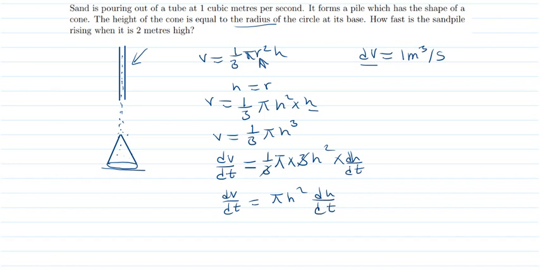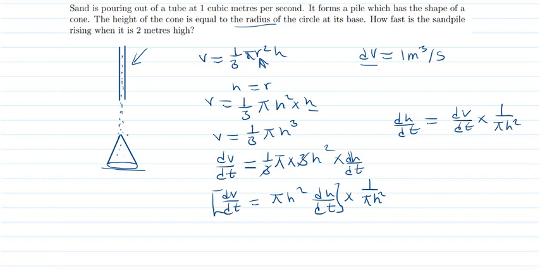Making dh/dt the subject of the formula, we multiply both sides by 1 over pi h squared. So dh/dt will be equal to dV/dt multiplied by 1 over pi h squared.